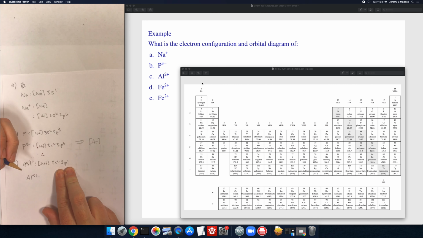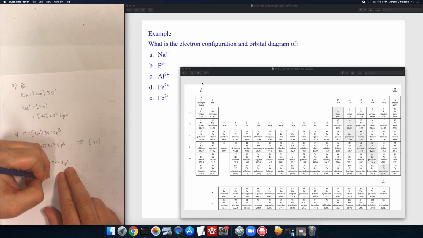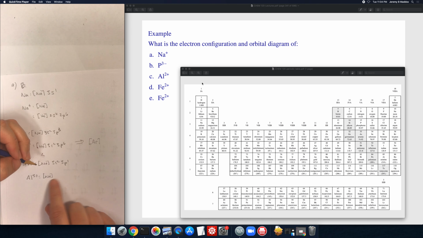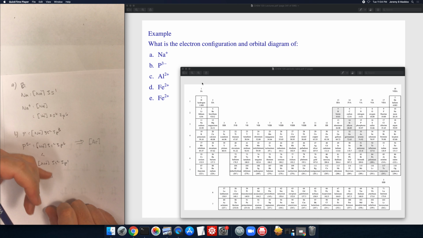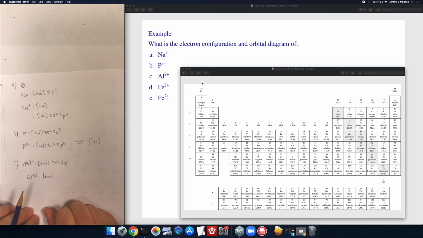It's going to lose all of its valence electrons, and it's going to have a neon core. I won't bother to write that out, but I wanted to point out that the cation that forms is isoelectronic with the noble gas. That noble gas completely filled p subshell is just extra stable.